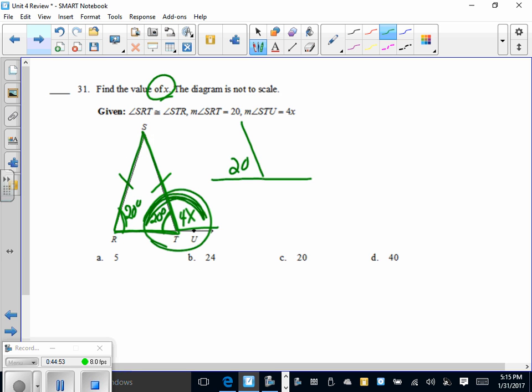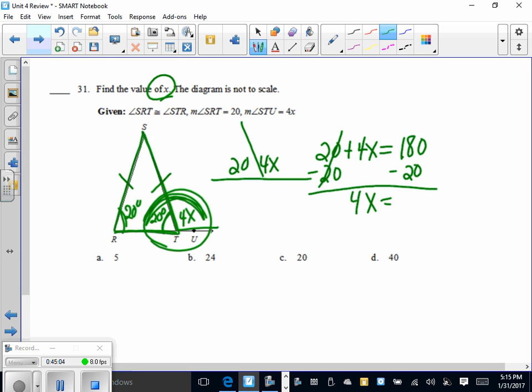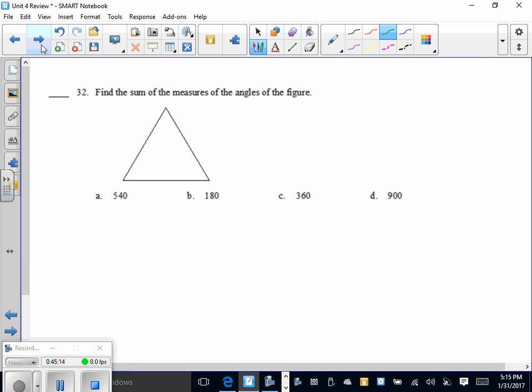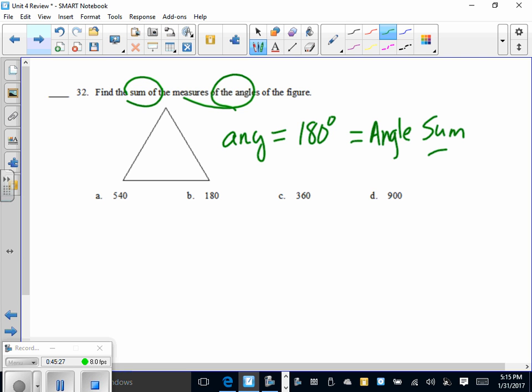So 20 plus 4x forms a straight line, 180 degrees. Subtract 20, and 4x is equal to 160. Divide by 4, and x is equal to 40. So the correct answer is D. It says find the value of x. Number 32. The sum of the measures of the angles of any triangle is 180 degrees. Angle sum theorem. Answer is B.